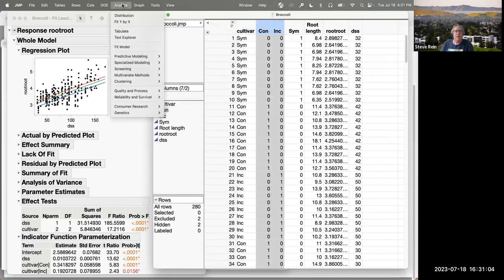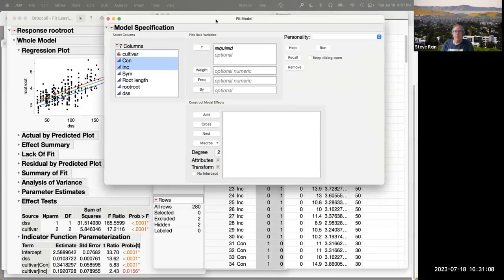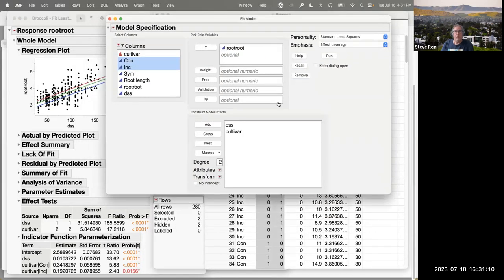So let's go ahead and try that multiple regression, where I'm going to use, instead of cultivar itself, are you con or not? And are you inc or not? Again, I'm choosing the same two values here as I see in my categorical variant of the model.